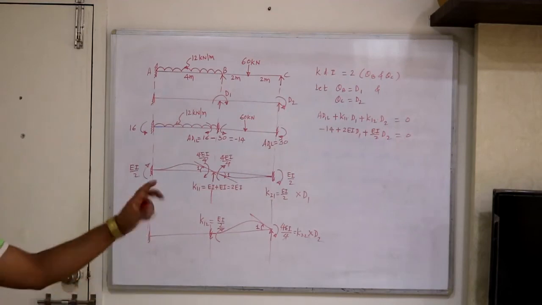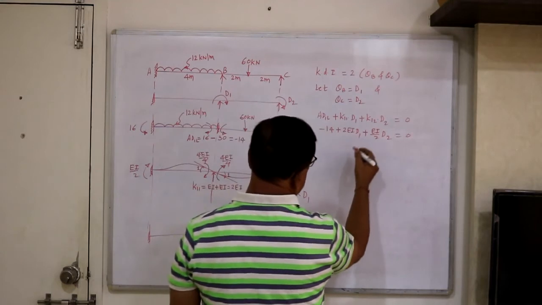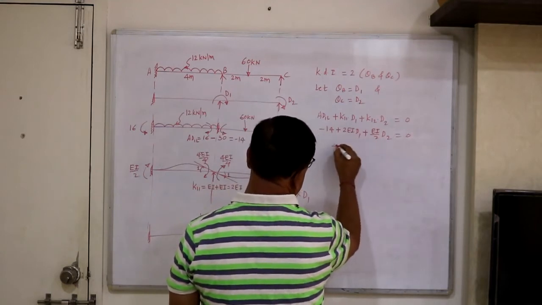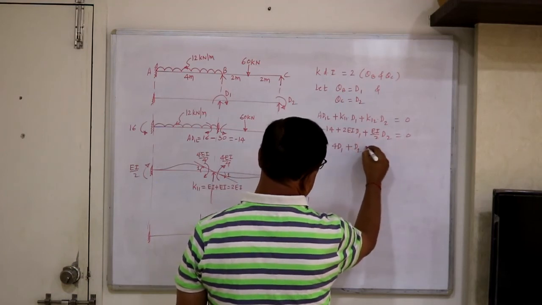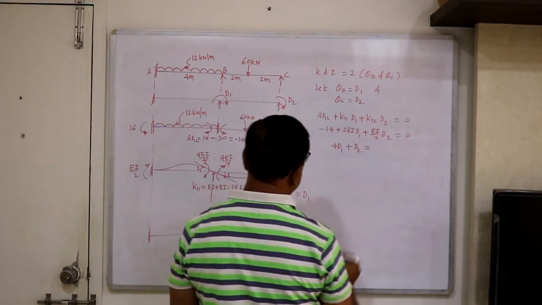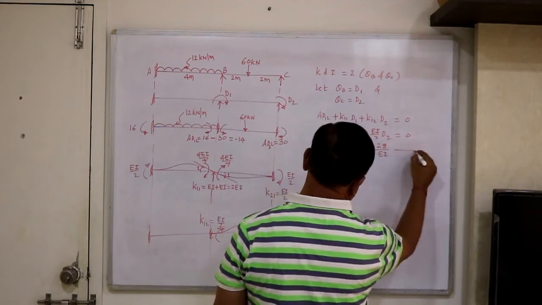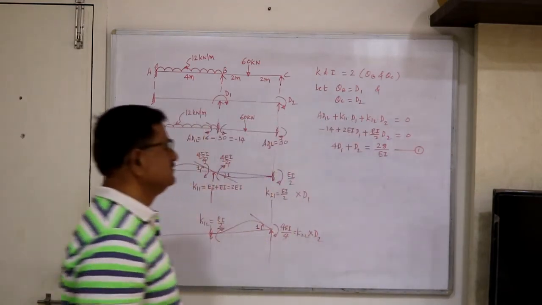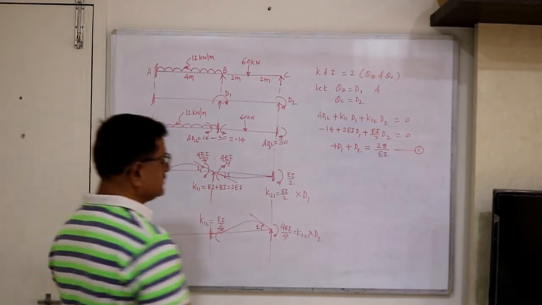Right? Just simplify this, or better, multiply it by 2 everywhere. So this becomes 4D1 plus D2 equal to 28 divided by EI, say equation 1. When we transfer it to the right, it becomes plus.